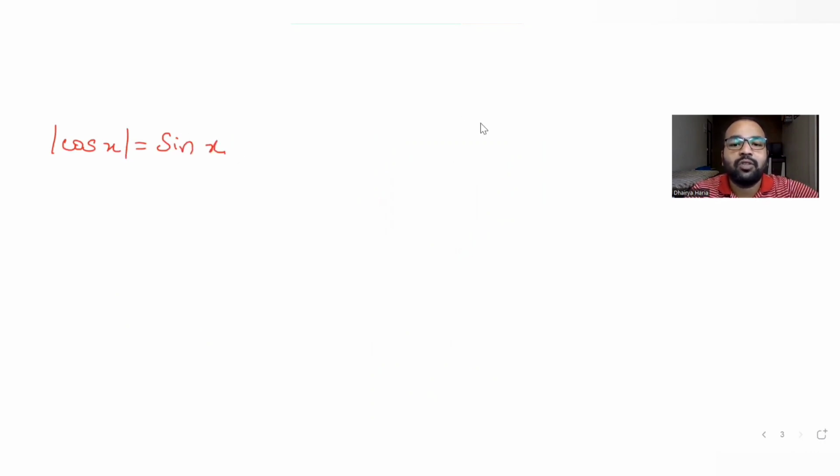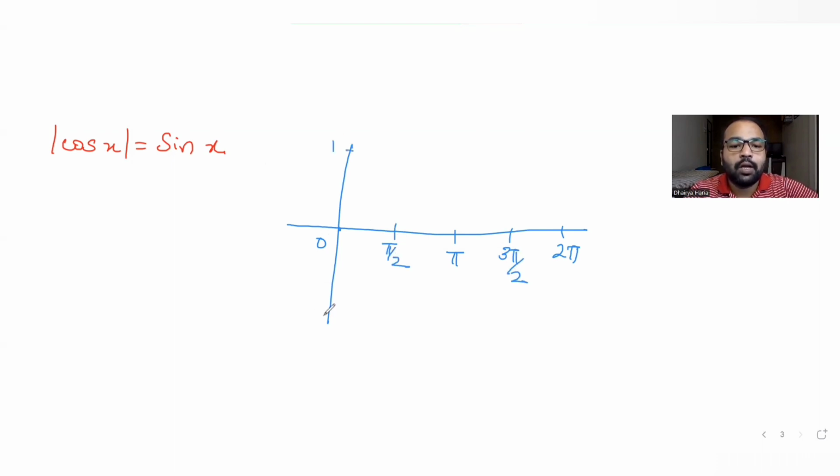So I draw both curves, sin x as well as mod of cos x, from 0 to 2 pi, with pi, 3 pi by 2, 1 and minus 1 marked. Sin x is 0 at integral multiples of pi, maximum at pi by 2 that is 1, and minimum at 3 pi by 2 that is minus 1. This was our curve for sin x.